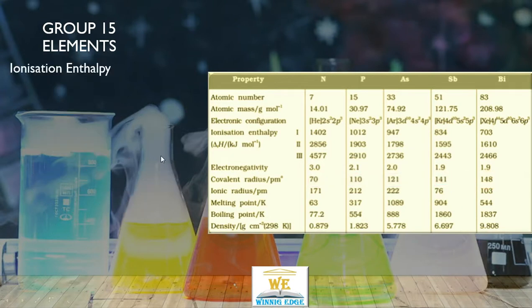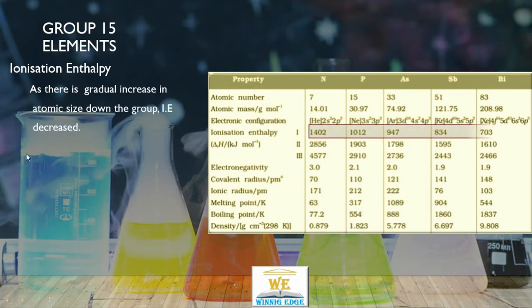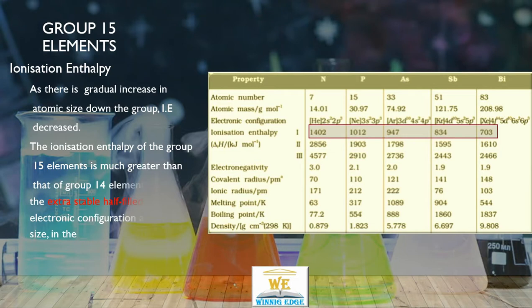Going to the next property, ionization enthalpy. As there is a gradual increase in atomic size down the group, ionization energy decreases. The ionization enthalpy of group 15 elements is much greater than that of group 14 elements. The reason is that we have extra stable half-filled p orbitals. In their outer electron configuration we see it is 2p3.